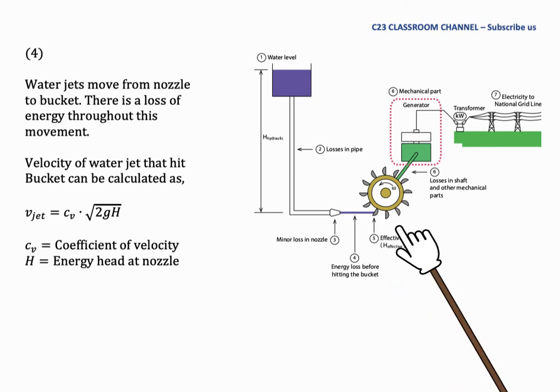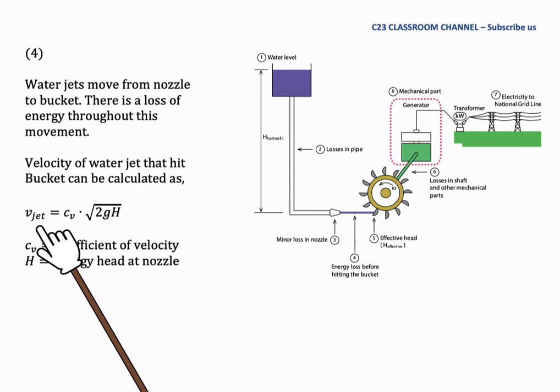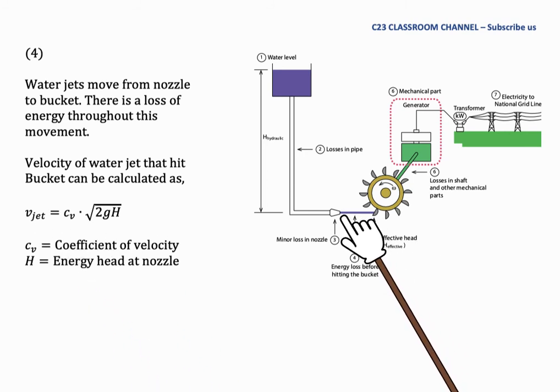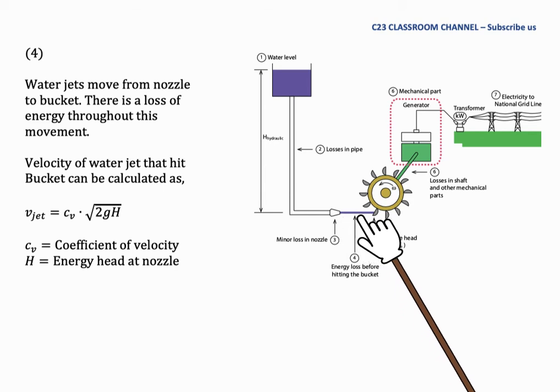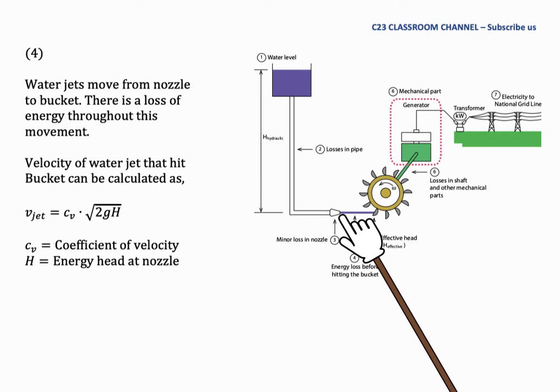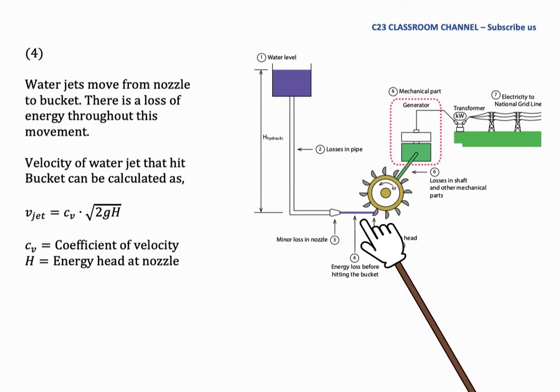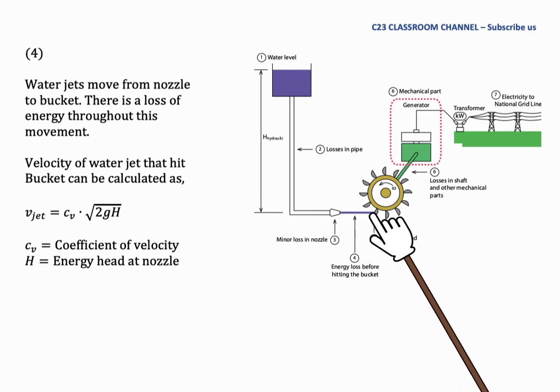You must know that when it travels openly like this in atmospheric pressure, the velocity that hits the bucket will slightly reduce compared to the velocity at the nozzle, because there are energy losses along this movement.